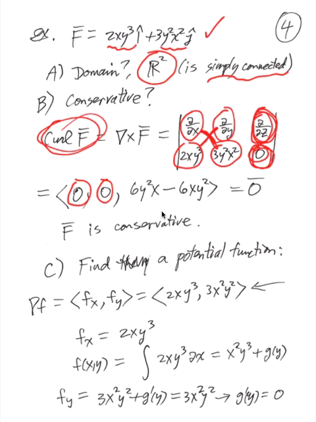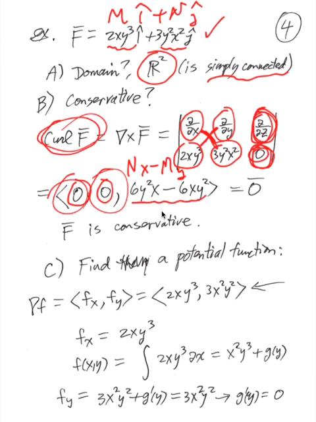So do you see, if we were calling this Mi and this Nj, then what we really have here is N sub x minus M sub y. We know these two are going to be 0 anyways. We already mentioned that. Is that actually equal to 0 here? N sub x minus M sub y? The answer is yes. So we actually get the 0 vector out of that thing.